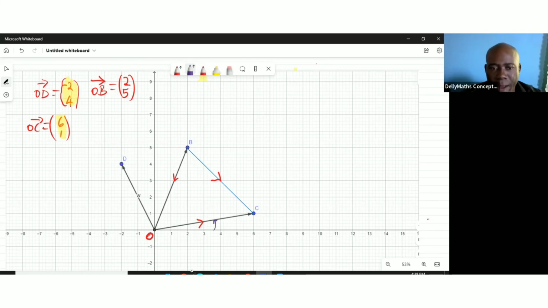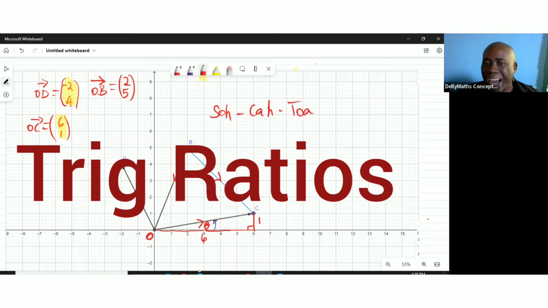Basically, we're getting our right angle triangle here. So let's draw the right angle triangle. My line is not perfect, but we would get the right angle triangle here. As you could see, this side is 6 and this side is 1. Now, the angle that we want to find is this angle right there, because the vector angles are always like that. So applying SOH CAH TOA, we would use the tangent.